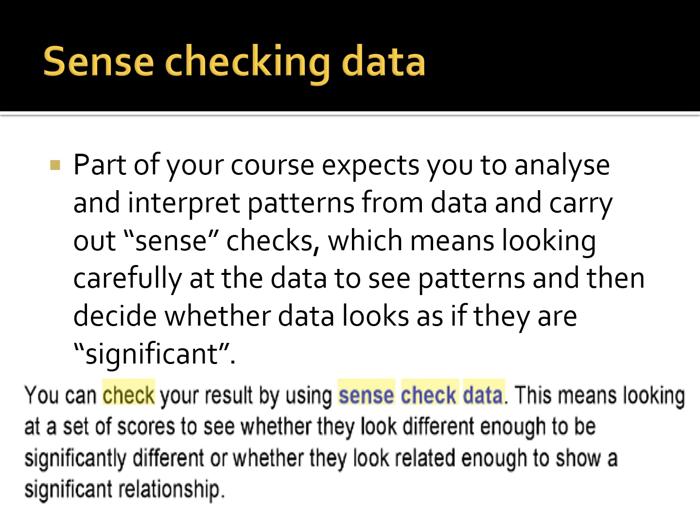So before we go into the detail of scatter diagrams, one of the things that you do need to be aware of is what we call sense checking data. Now, you need to be able to analyse and interpret patterns from data and carry out what we call sense checks. So that's literally just looking at your data. Do you see a pattern? Is there a pattern?